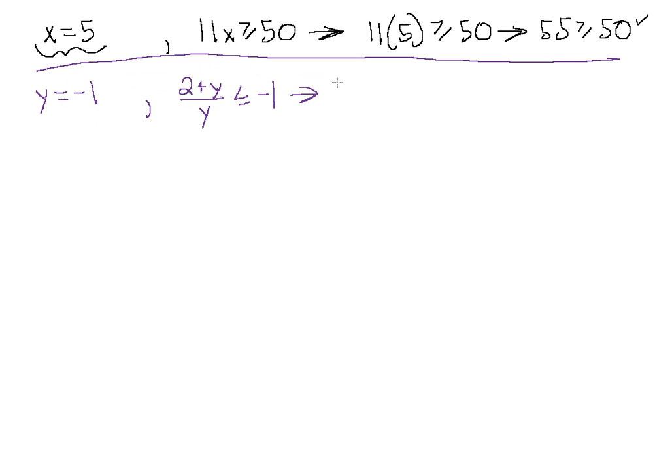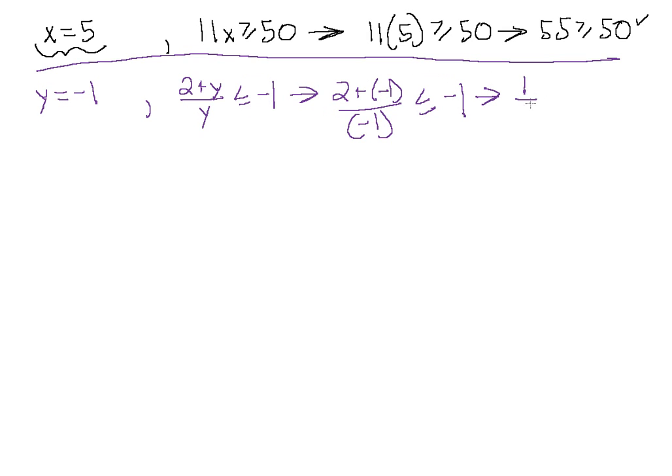So let's go ahead and do that. We have 2 plus y, which is -1, divided by y, which is -1. We always want to put whatever we're substituting into our equation or our inequality in parentheses just to clarify things. We have our less than or equal to sign and -1 on the other side. So let's go ahead and solve this out.